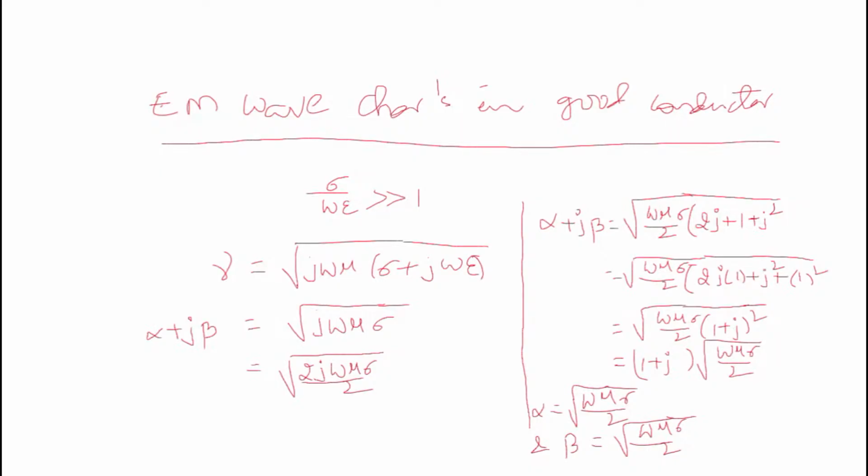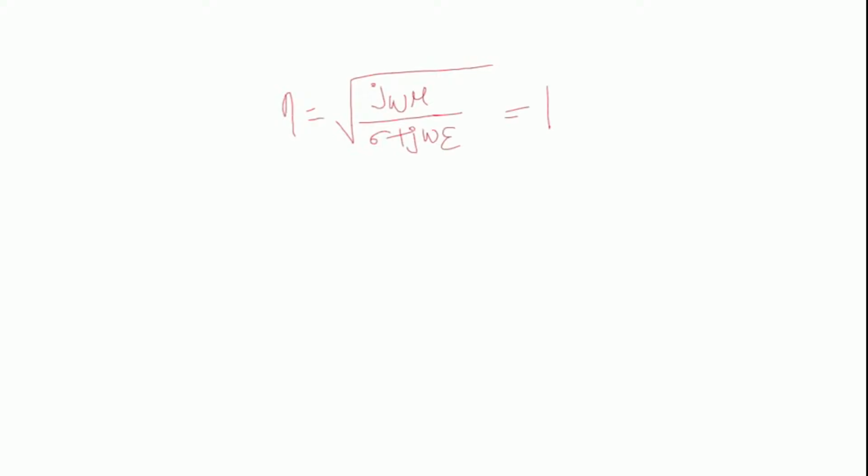Now we'll see another characteristic, that is neta. Neta is equal to, already we have the general expression we derived, j omega mu divided by sigma plus j omega epsilon. So actually it is equivalent to mod neta at an angle theta neta, as it is a complex quantity.